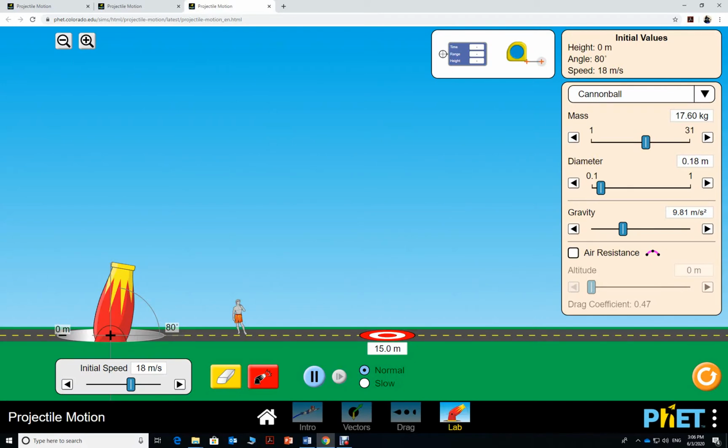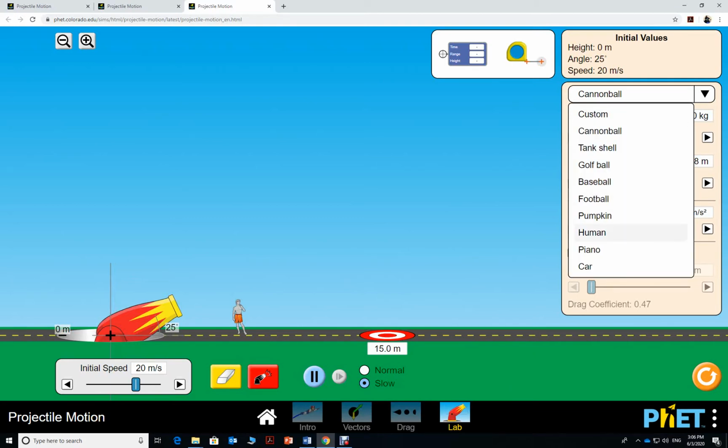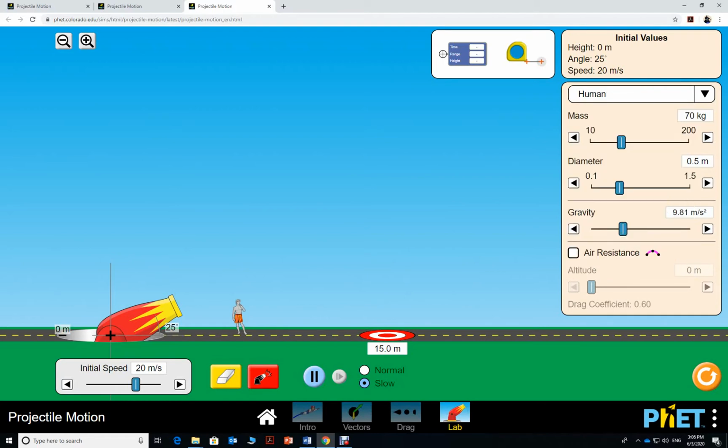Height is 0, initial velocity keep it at 20, start with an angle equal to 25, and make it slow motion. No air resistance, this will not act. Cannonball or human, any shape you want, and then just remove this one and throw the ball.